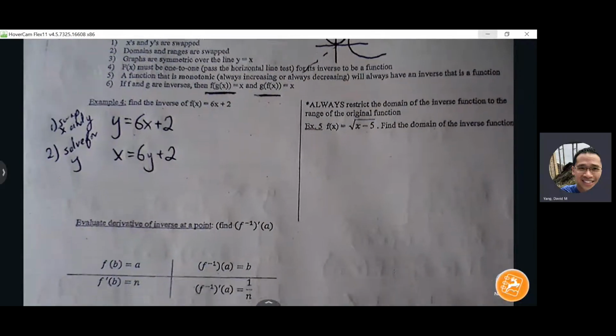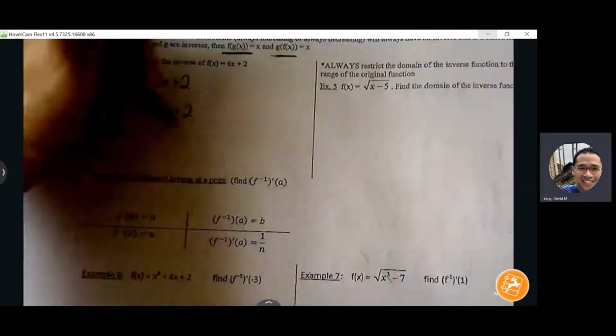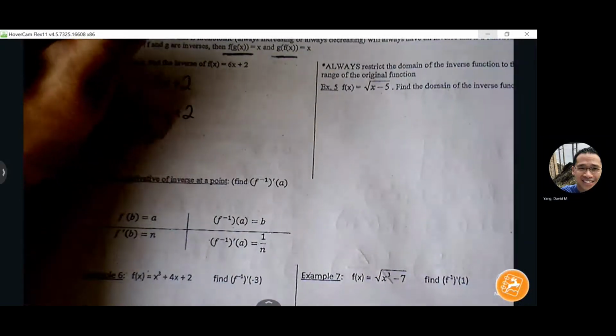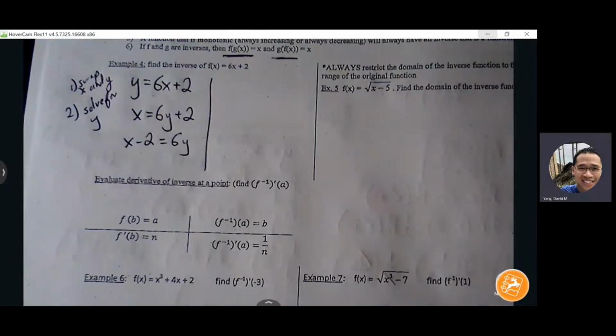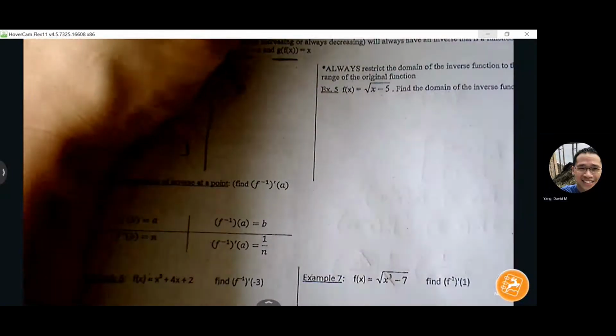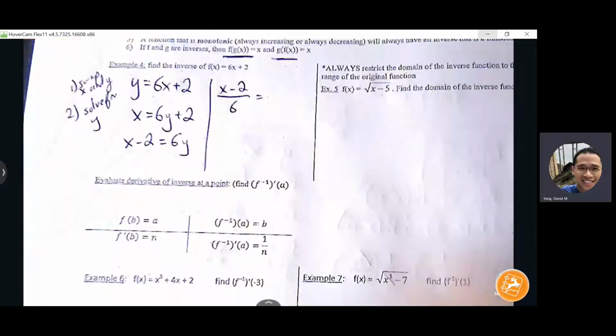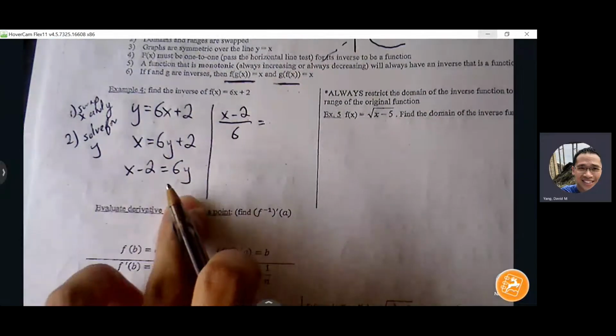If I want to solve for my new y, I'm going to subtract 2 from both sides. Divide both sides by 6. And that is my inverse function. And the way I write my inverse function, I'm going to change that y to a different variable. I'm going to call it f inverse of x.